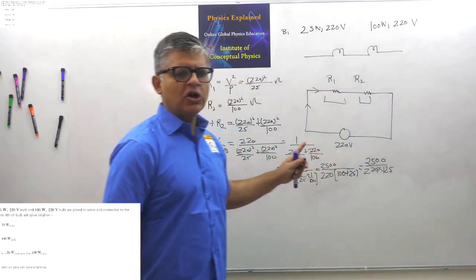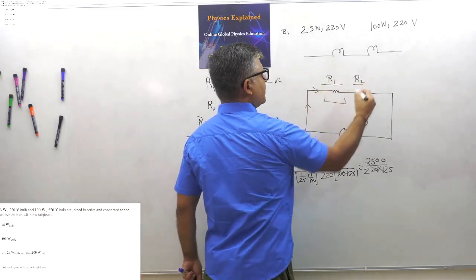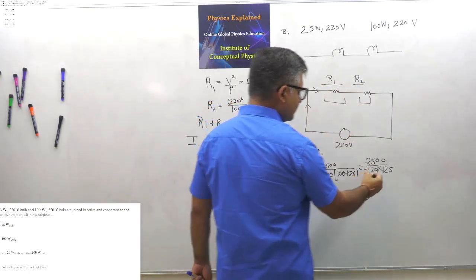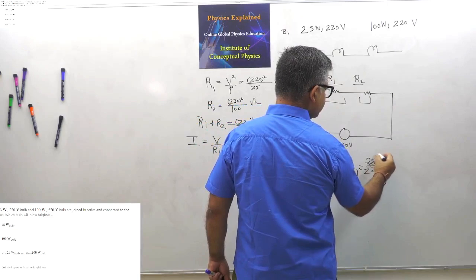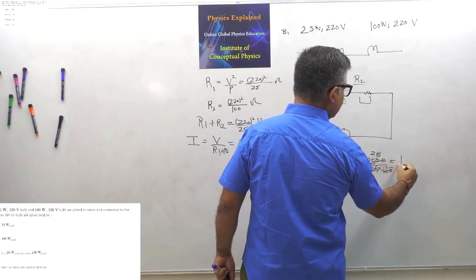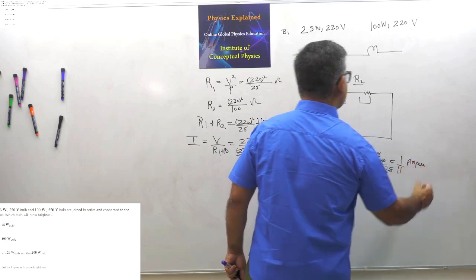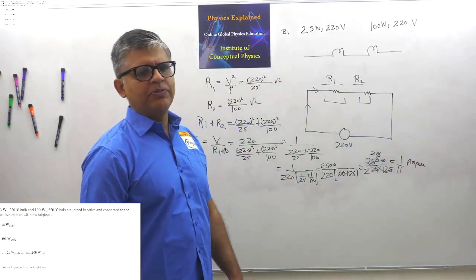I'm just doing your normal calculation, trying to find out what is the common current that flows in this scenario. So this is 125, the 20s are right, this also goes away. The current is 1 by 11 ampere. This is the total current available to me.